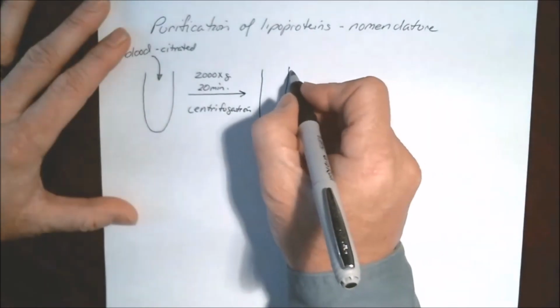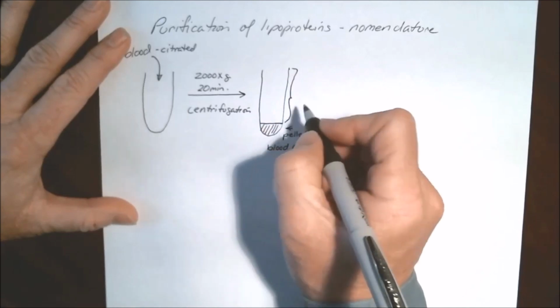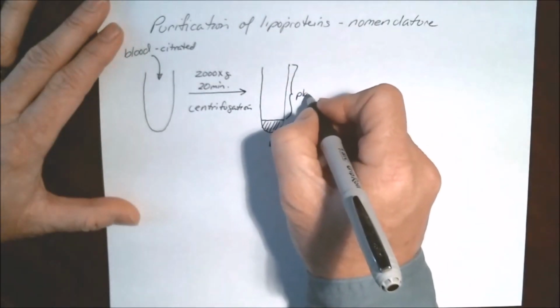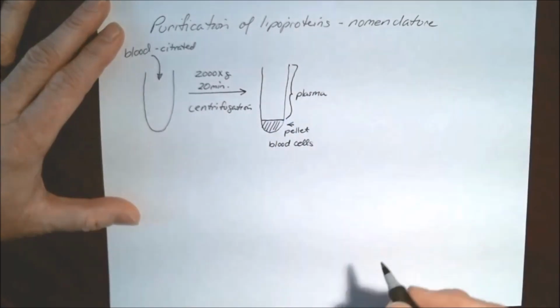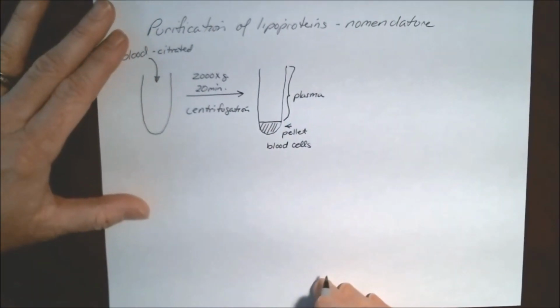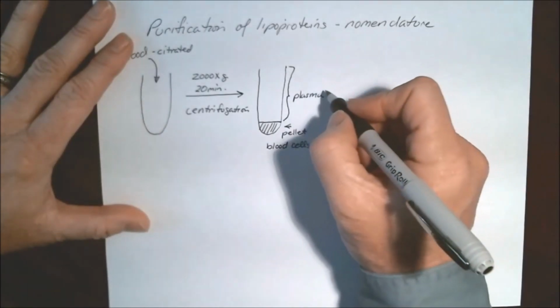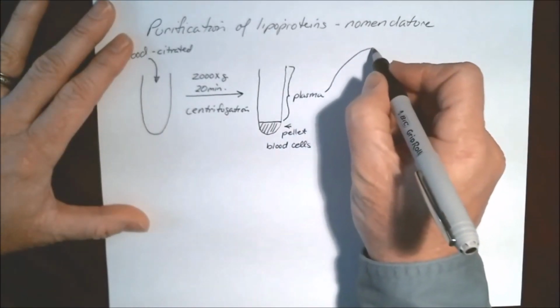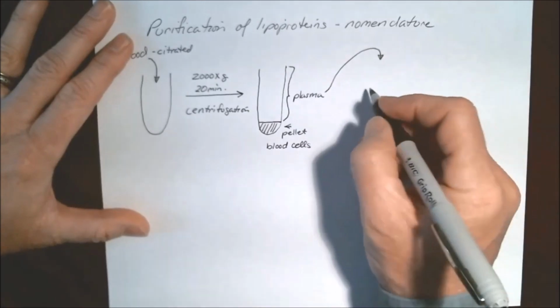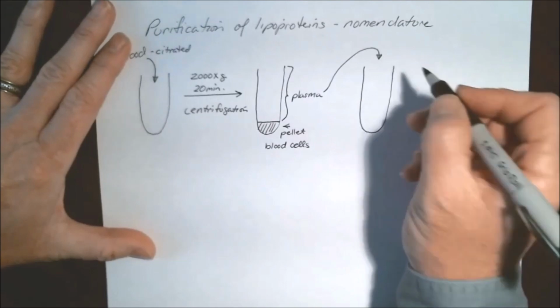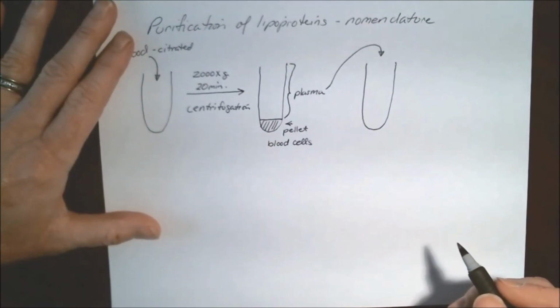This is not what we want. What we typically want to isolate the lipoproteins is the plasma fraction. The plasma fraction is going to contain our lipoproteins. So now we are going to take the plasma fraction out of this tube, and add it to the next tube.